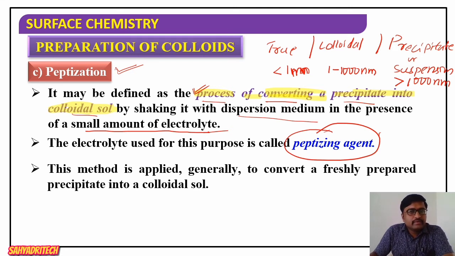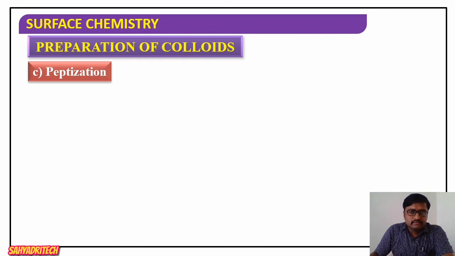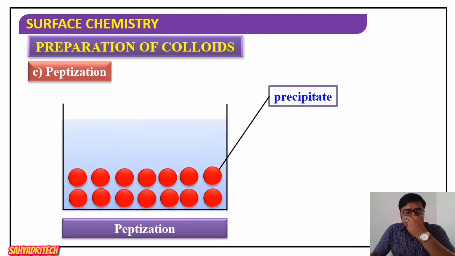In this method, generally a freshly prepared precipitate is converted into a colloidal sol. Diagrammatically, say it is a precipitate, where the size of the particle is greater than 1000 nanometer.